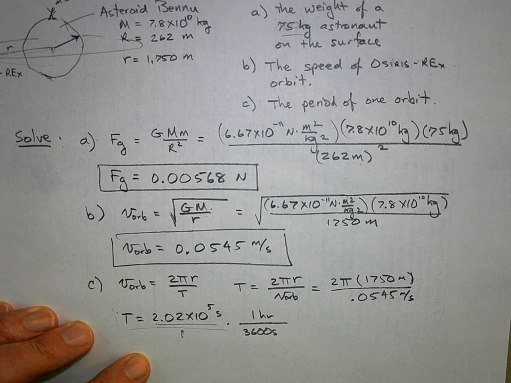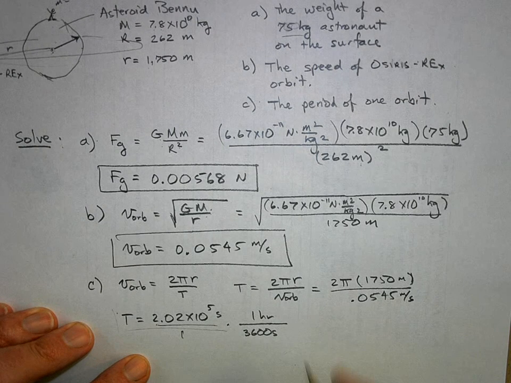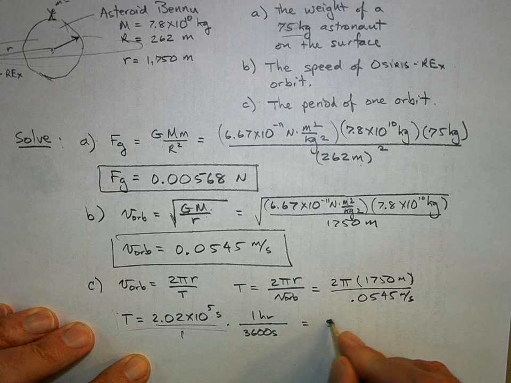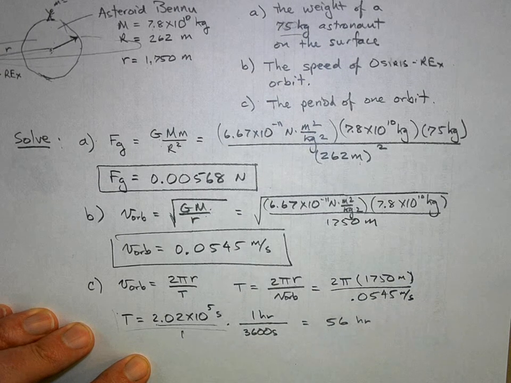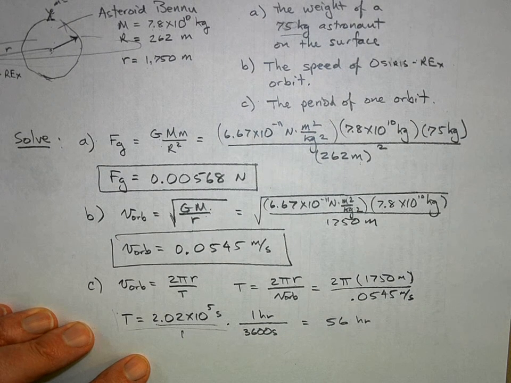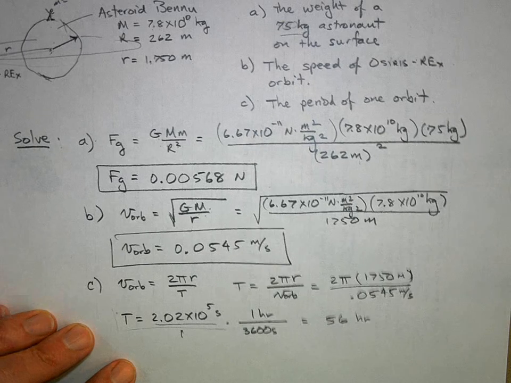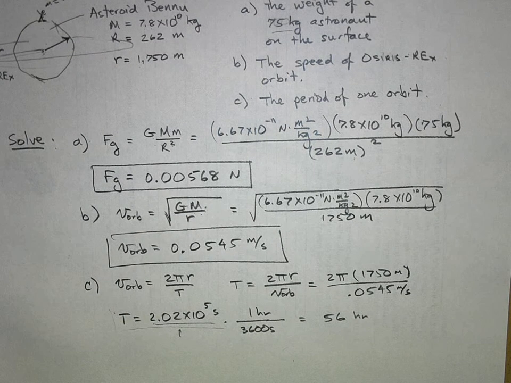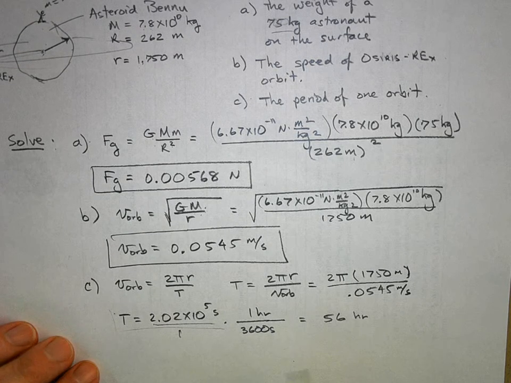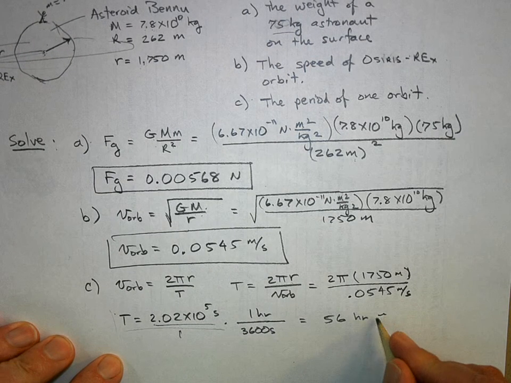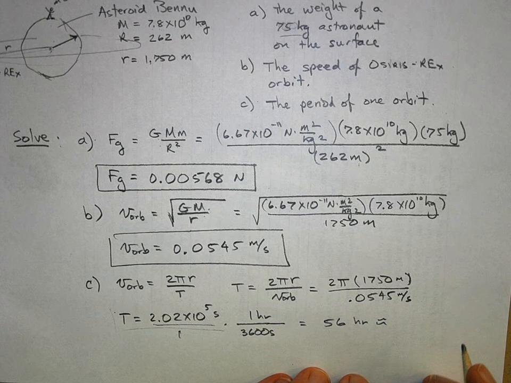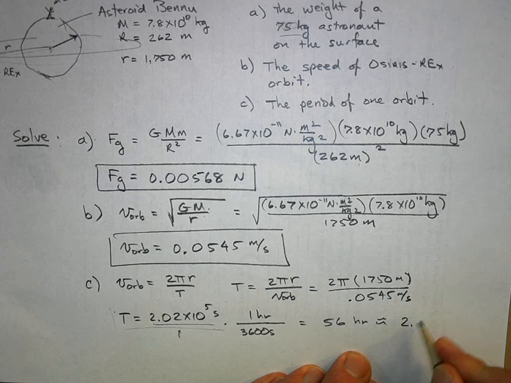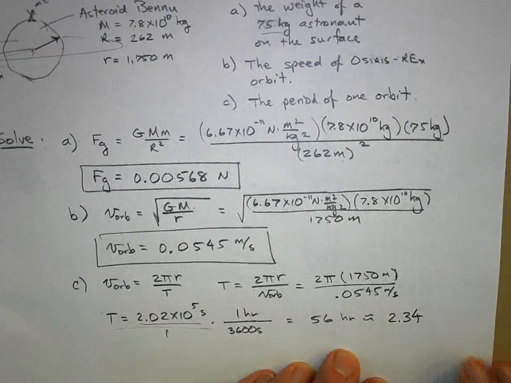And I get 56 hours. And just divide that by 24. So it takes a little less than 2.5 days to go around. It says 2.34 days.